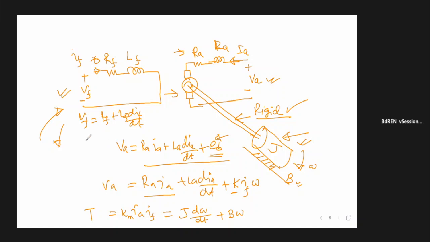So with this, you have your equation 1, equation 2, and equation 3. You simply solve them simultaneously to find your speed. As simple as this. But if you want to go to the Laplace transform, the Laplace transform can also help you do that. You take the Laplace transform of the field circuit.